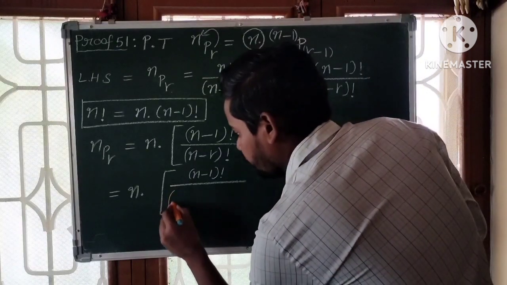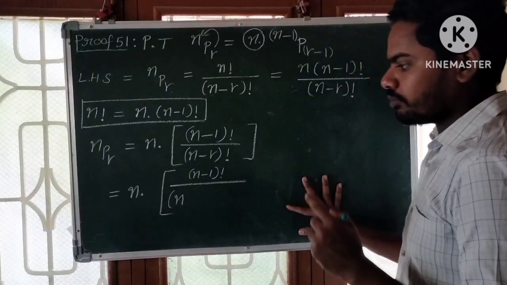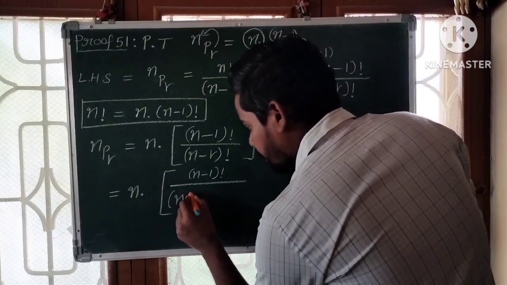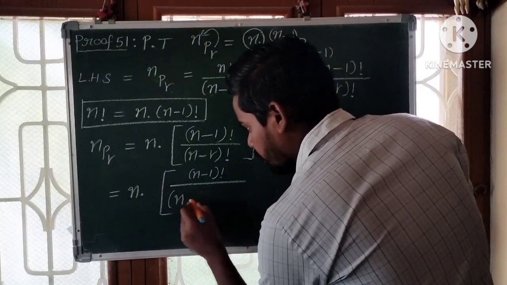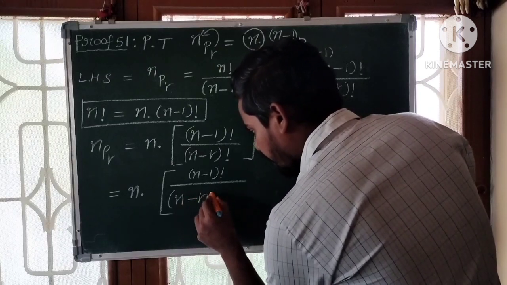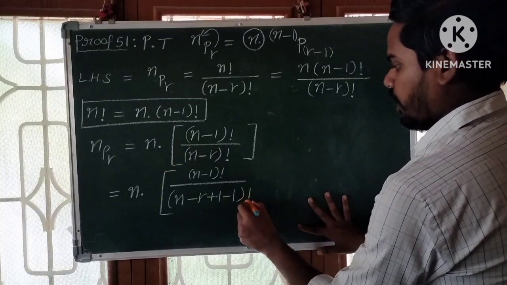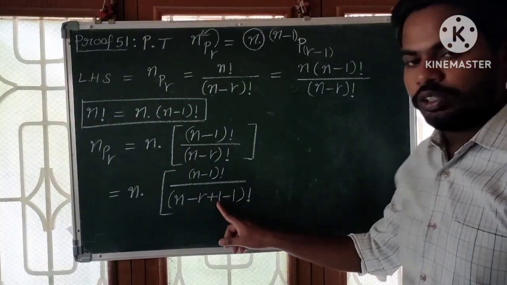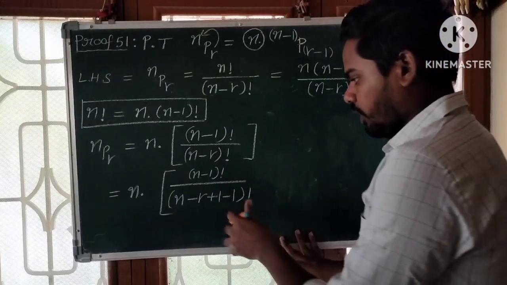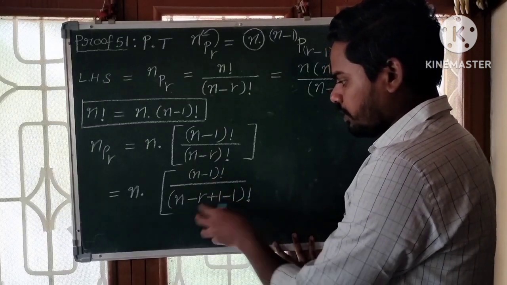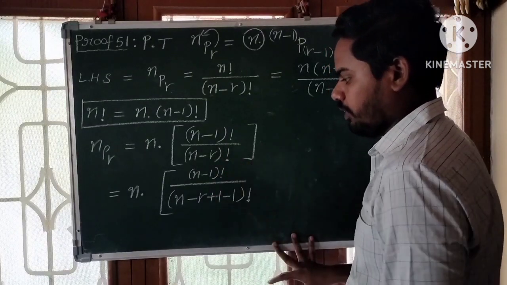Now, add 1 and subtract 1. First write n minus r, add 1 and subtract 1. If plus 1 minus 1 get cancelled, we get the same expression, n minus r factorial.